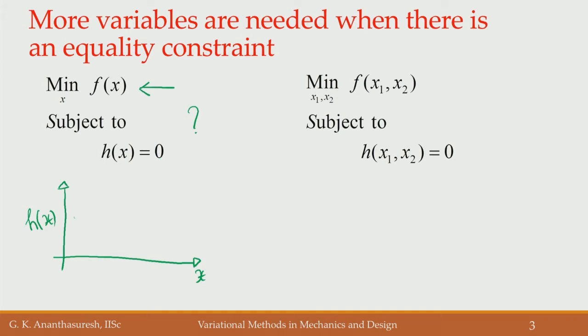So, that means that if I have h of x something like this, let us say, at how many points is it going to satisfy this equation? h of x is 0 here, 0 here, 0 here, 0 here, 4 points, that is all.